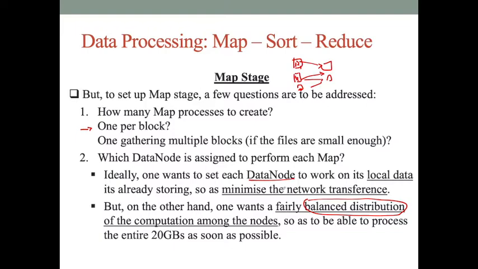Then if all the computers have the same processing power, all of them will be finishing almost at the same time. That's the key idea. And if we need, we can add more processing power or use less processing power. That really depends on you.